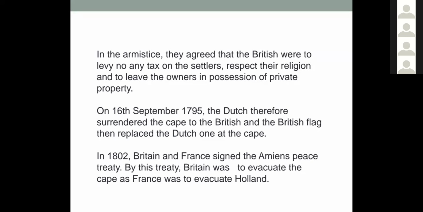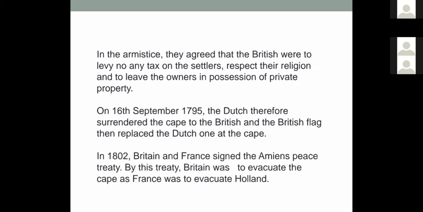Kazina asked the question: when they signed this arms treaty, did it have anything to do with the arms race, the weapons, guns? I'm sorry, Kazina, you are missing a point here. You are calling it arms treaty, but it is Amiens treaty.